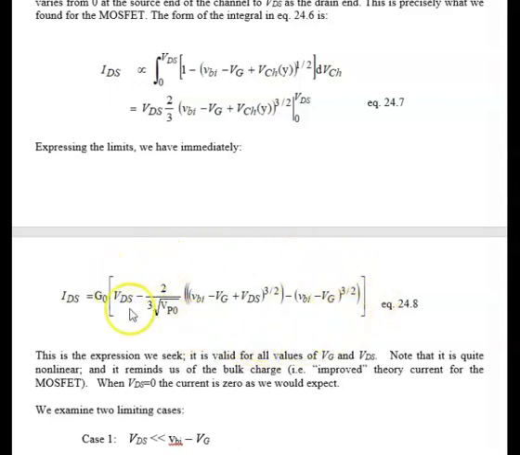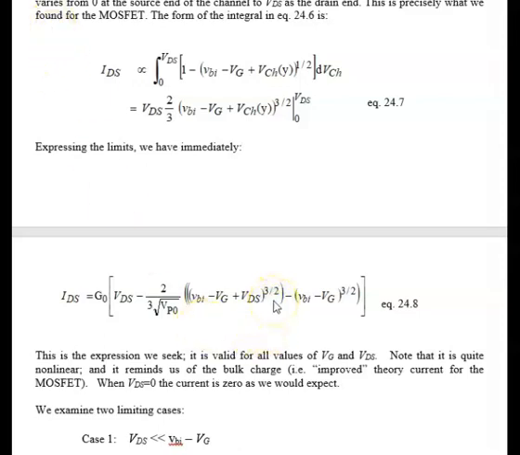multiplied by a number of terms which have the drain to source voltage, which obviously we need to get a drain to source current, and a gate voltage, and this thing called VP0.